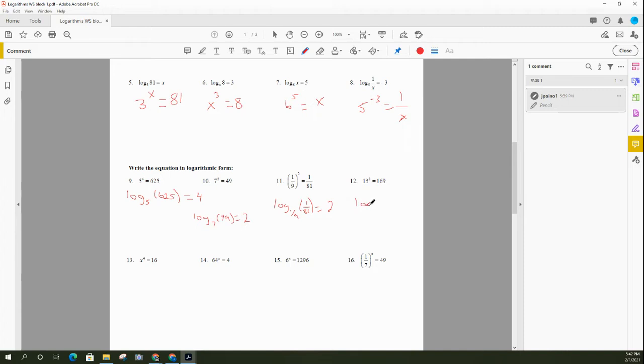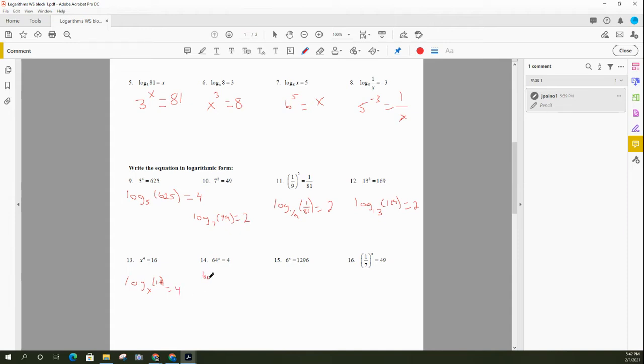Log base 13 of 169 equals 2. Log base x of 16 equals 4.